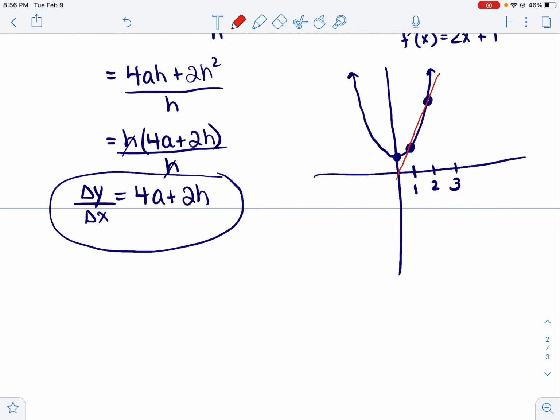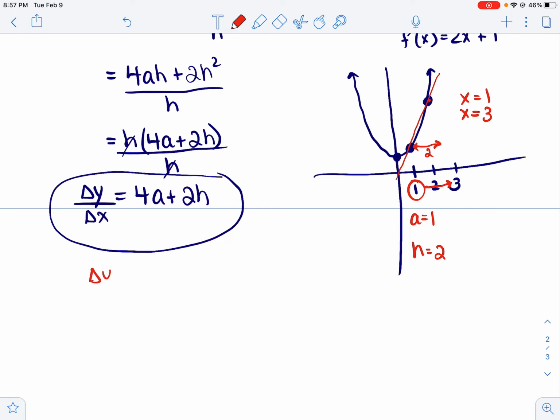So I'm finding the slope of the secant. So I can use 1 as my a value. I just picked one of the points to be a. And then my h value is going to be 2. Since I'm finding the average rate of change between x equals 1 and x equals 3, the distance between those 2 points is 2, right? From 1 over to 3, that's a distance of 2 units.